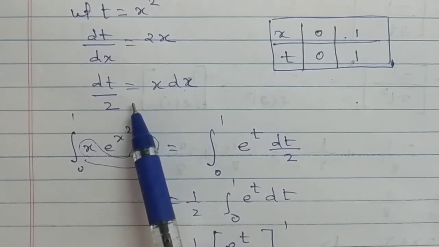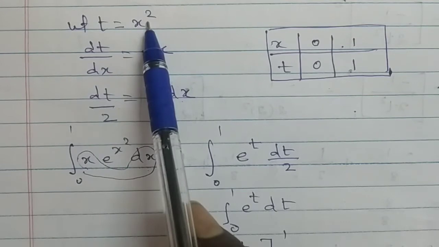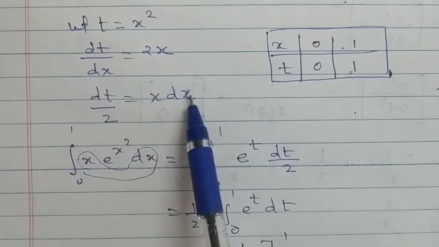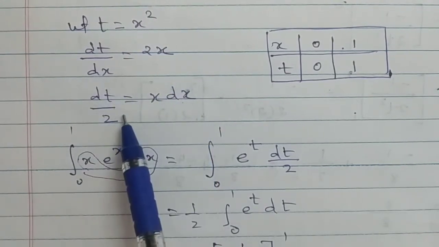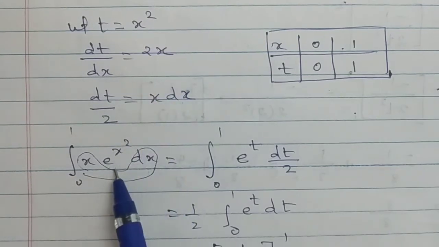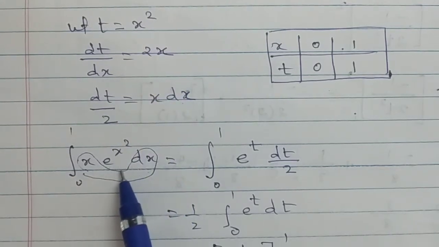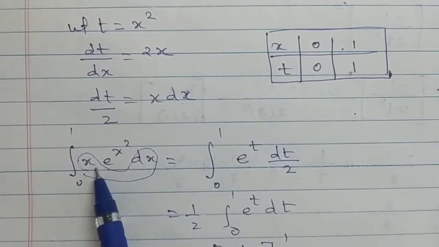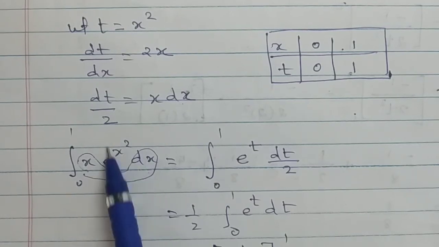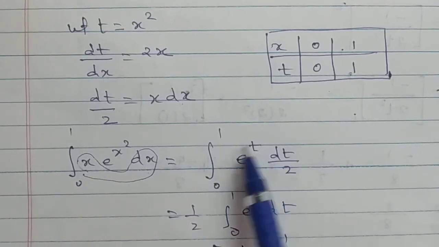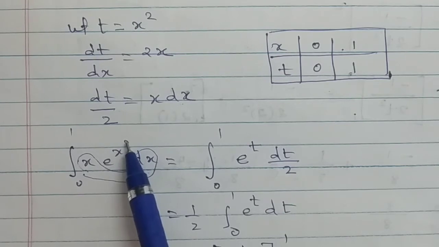We are substituting t equals x square and x dx equals dt by 2 in both places in this question.